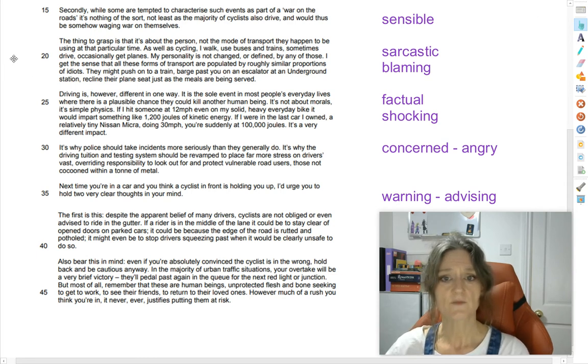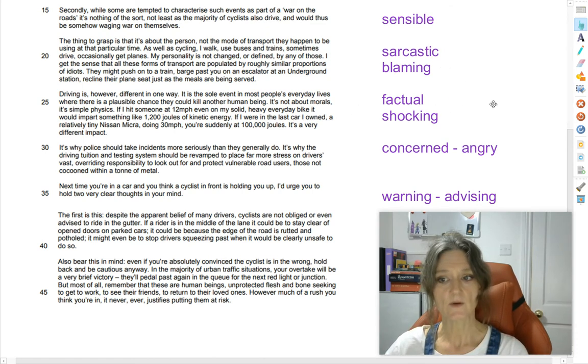And this one, I've put he's being quite sarcastic. He's talking about rude people, and he's saying rude people drive cars, go on trains, go on planes, and they're just rude wherever they go. And he's blaming them. He's kind of blaming a large minority of people. So he's being sarcastic and he's throwing blame around, and that's his point of view.